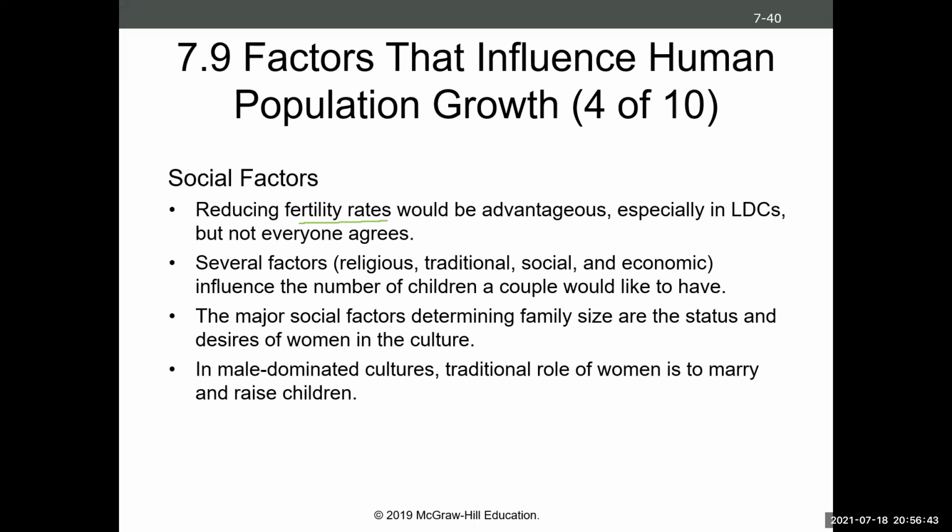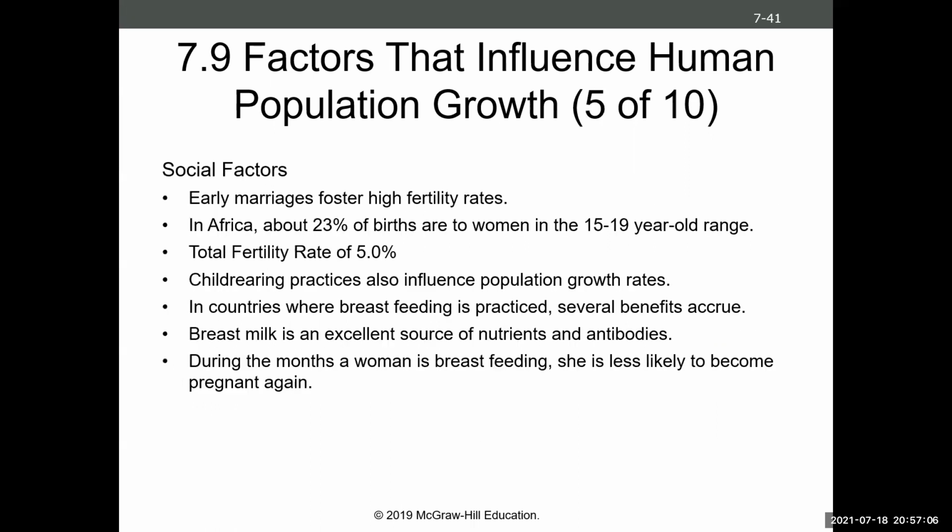Then you have social factors determining like family size, the status of that family, and then the desires again of those cultural influences. And then also how that culture views what the roles of the male and female are in those households. And so all of those social influences determine how many children are going to be born per family.